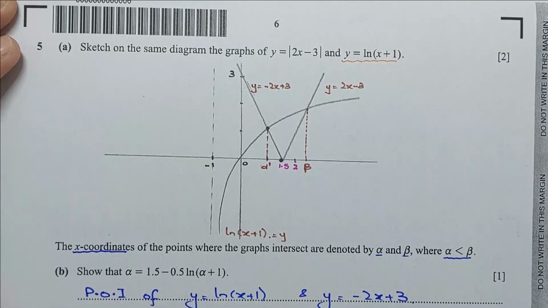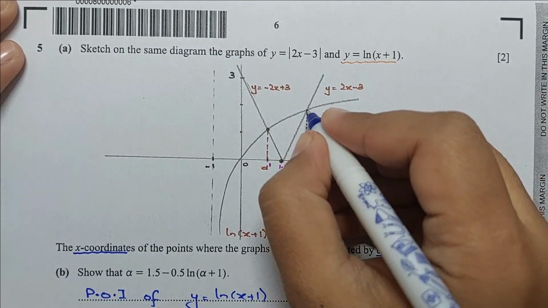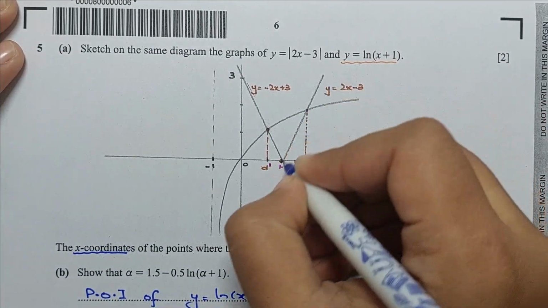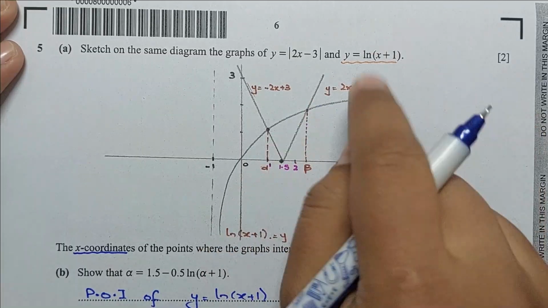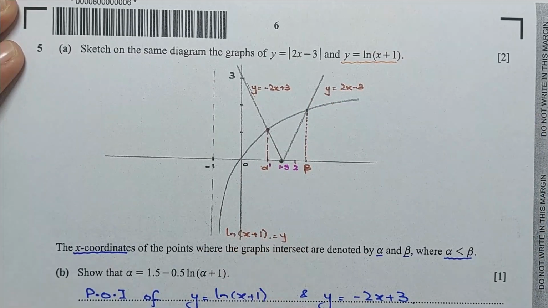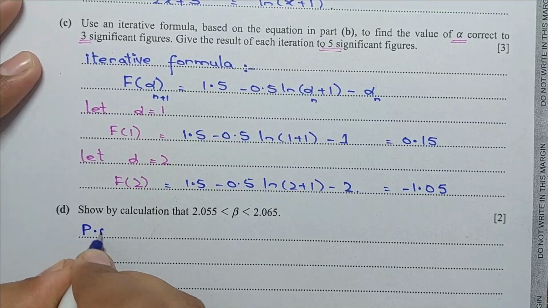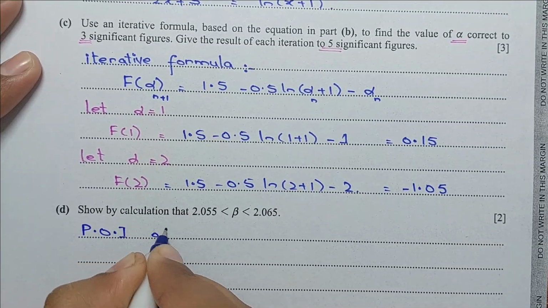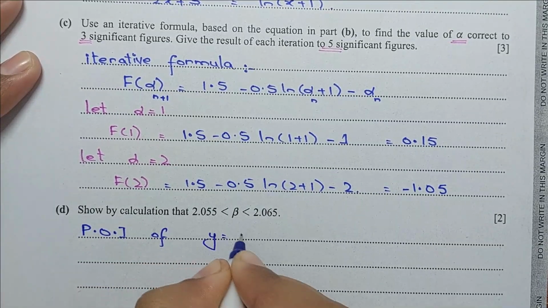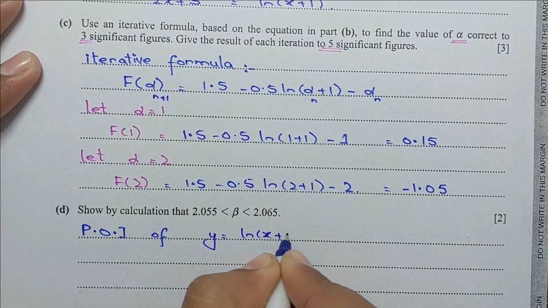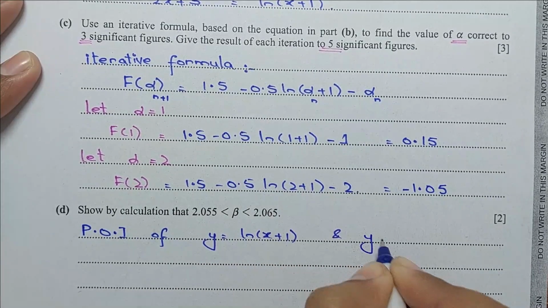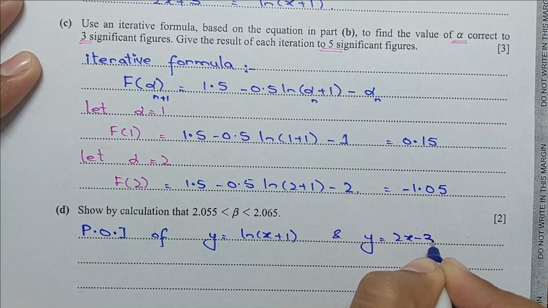So for beta, what is the point of intersection? This curve and this curve have a point of intersection, right? So for beta, it is the point of intersection of the curve y equals ln x plus 1, and the curve y equals 2x minus 3.